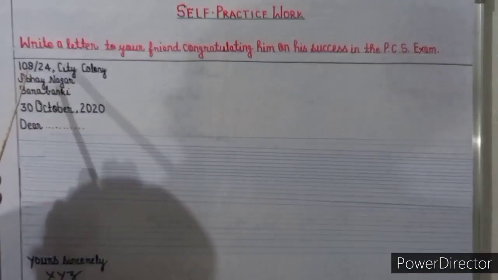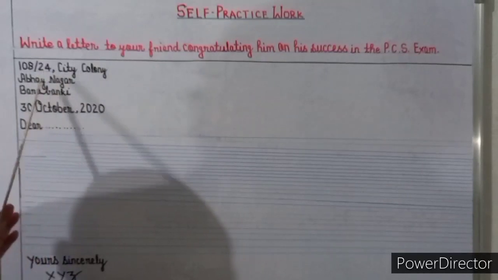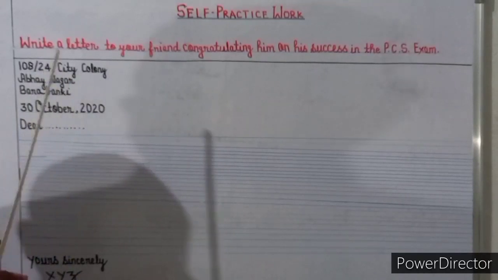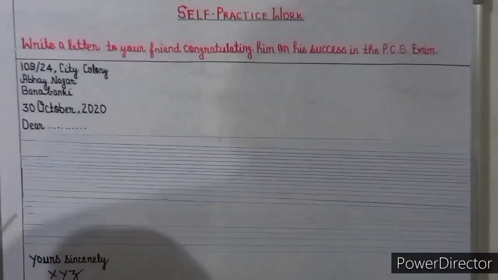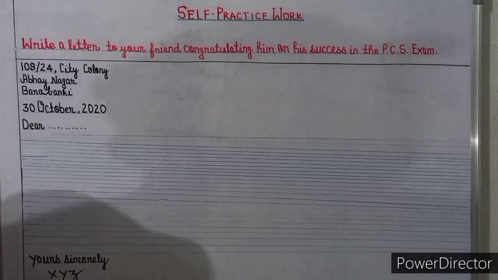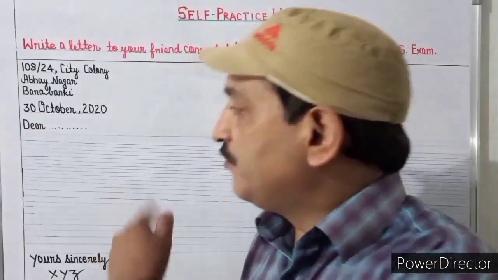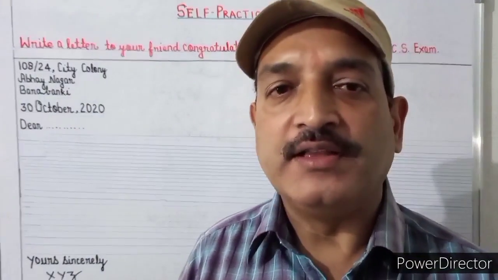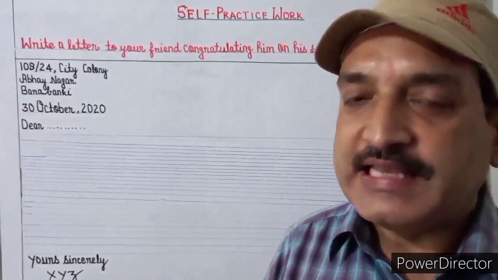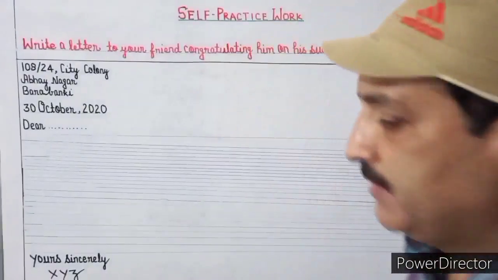As I have written, 108/24 City Colony, Abhaynagar, Barabanki. 30 October 2020. Then dear, according to your relation with the person, you can choose these words like dear friend, respected father, dear father. As is suitable to the person, you can use these words.